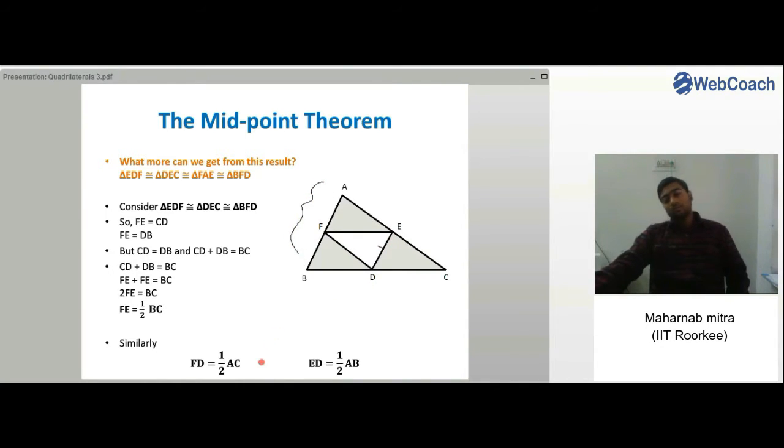So you can see, if we are joining the midpoints of two sides, obviously that line segment is parallel to the base, and also we have found that the line segment measures half of the corresponding base, right? So we are going to use this in the following question, which we are going to solve now.